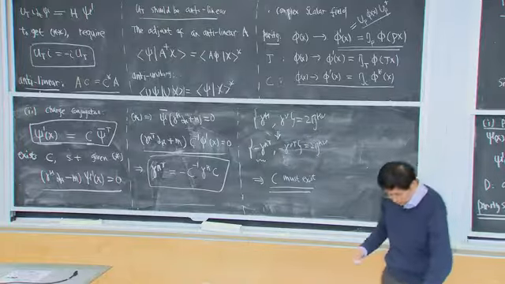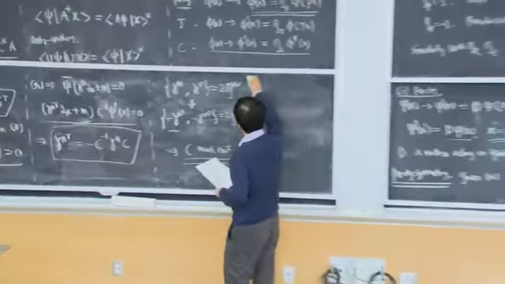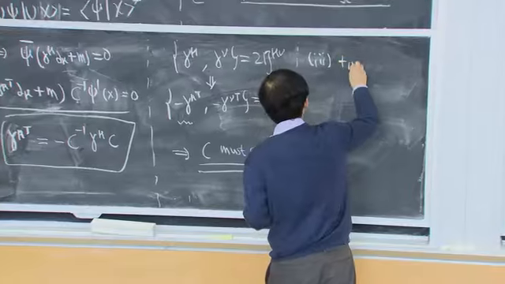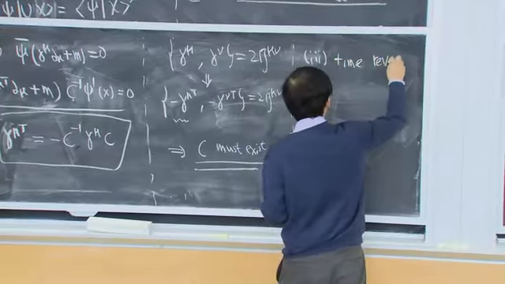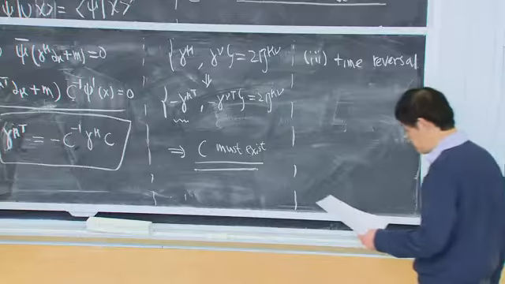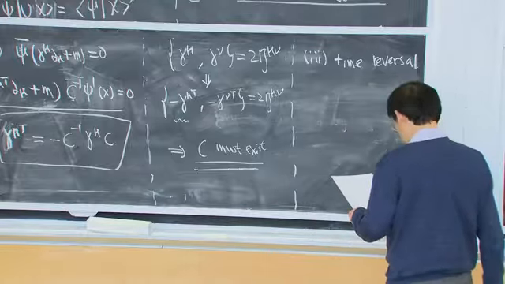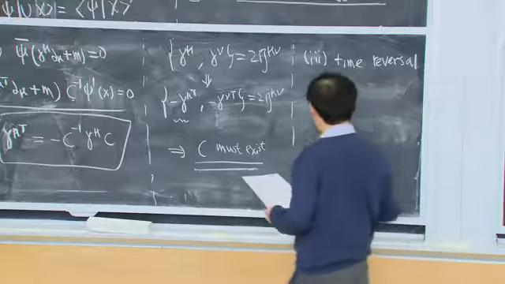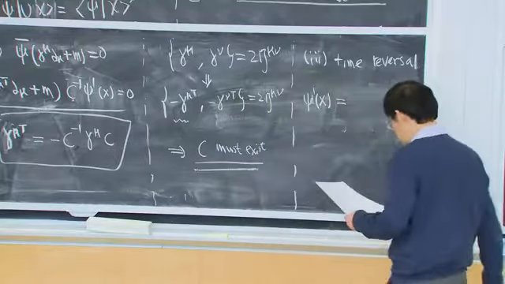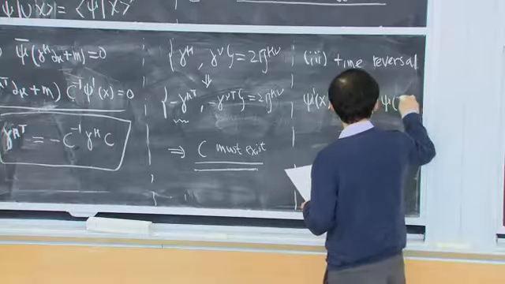Okay, good. And then we talk about time reversal. The idea is again similar. So now we use UT. We suppose psi prime is equal to some matrix times psi tx.